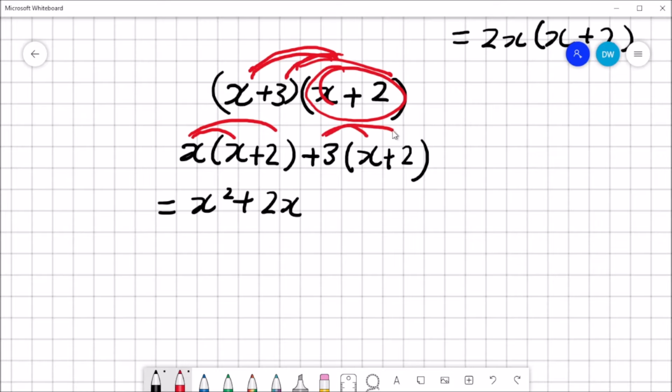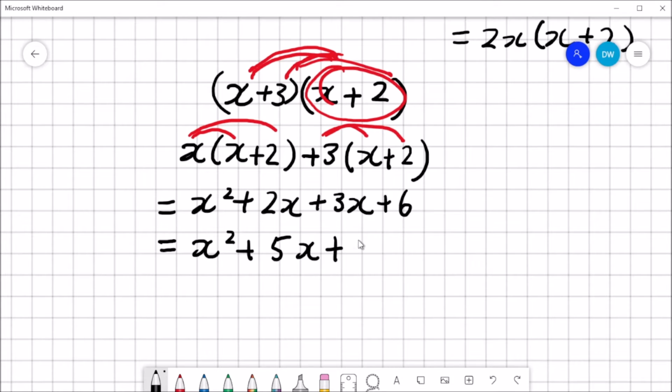So we end up with plus 3x plus 6, because 3 times x is 3x, and 3 times 2 is 6. We gather the like terms and get x squared plus 5x plus 6. And this is basically how we do expansion.